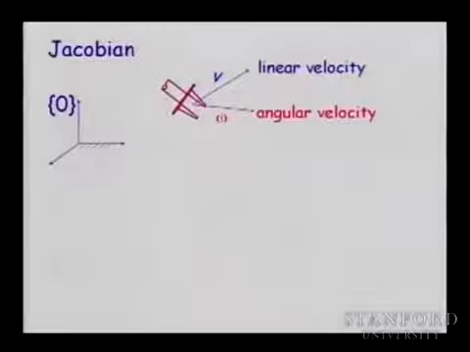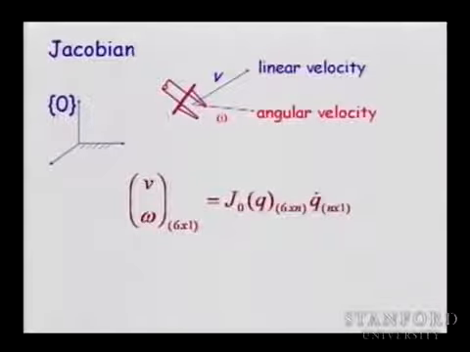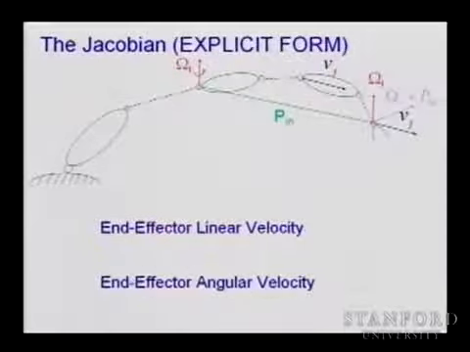The Jacobian plays a very, very important role, and we will spend some time discussing the Jacobian and finding ways of obtaining it. So the Jacobian, as I said, describes this v vector, the linear velocity, and the omega vector, the angular velocity, and it relates those velocities to the joint velocities. So the Jacobian times q dot gives you the linear and angular velocities.